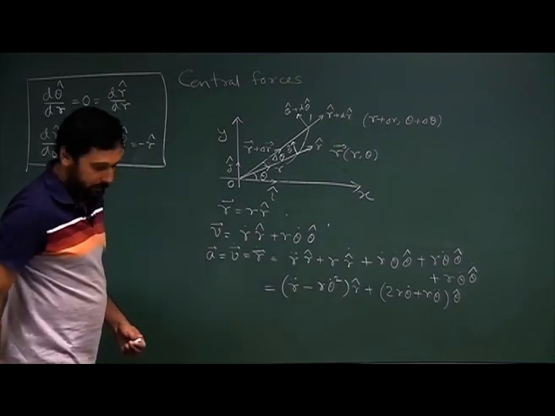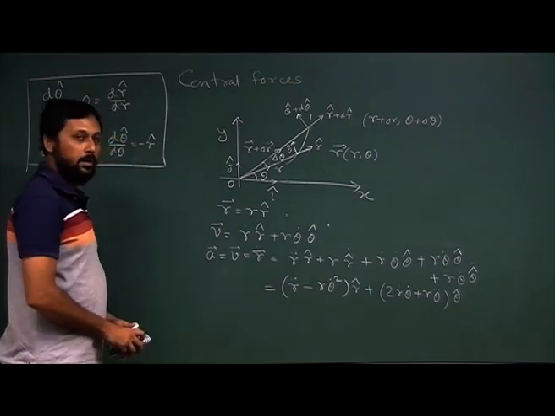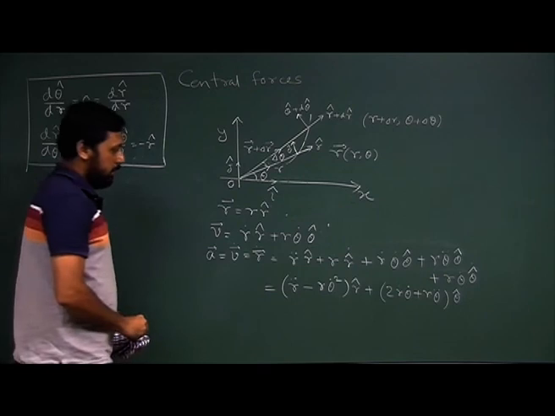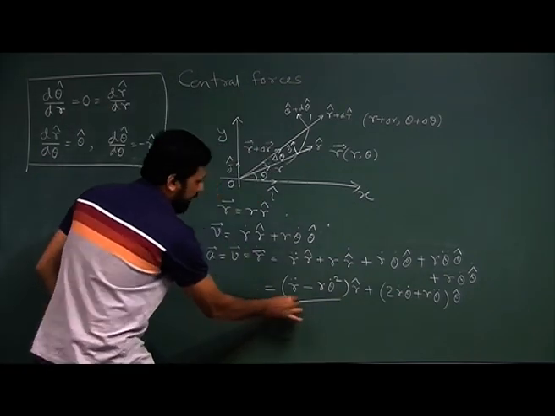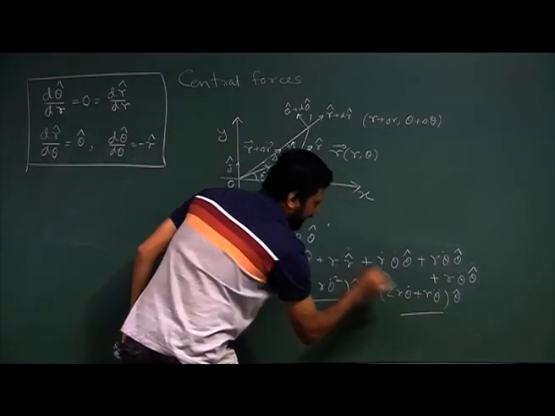So, this will be the final expression for A. So, we have one radial component and one transverse component.